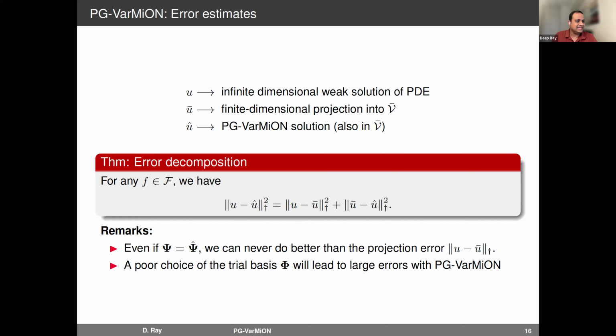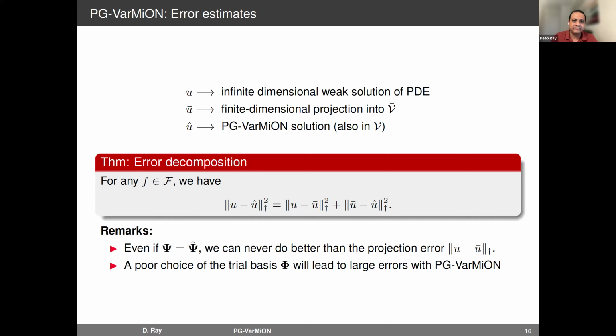And in fact, this is telling us, even if we had the exact psi, right? If psi hat was exactly psi, we can never do any better than the projection error. The projection error is going to bound my error of the PG-VarMiON compared to the true infinite dimensional solution from below. So this will be the lower bound of my error, which means that if I give you a very poor choice of the trial basis that leads to very high projection errors, even the PG-VarMiON errors are going to be high.